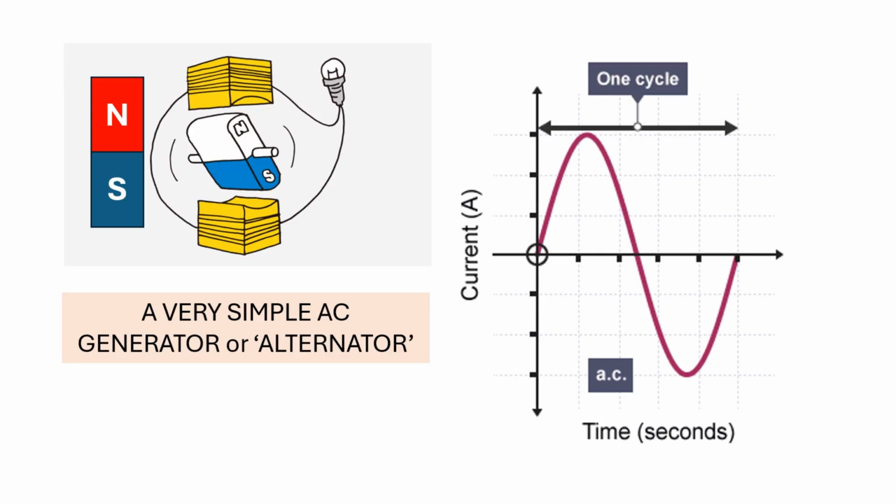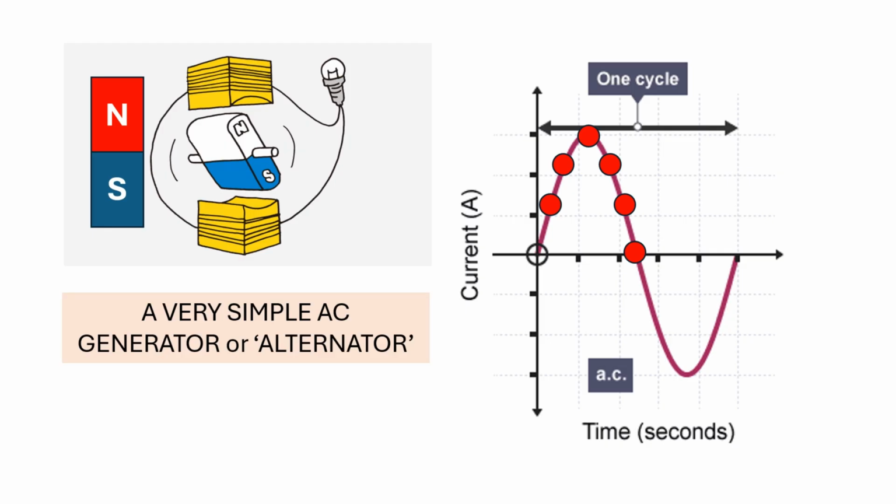We can draw a chart of the current flowing in the circuit attached to the coils, which shows the strength of the current and when it changes direction with the spin of the magnet. As the north pole of the magnet spins towards the top coil, the current flows in one direction, starting from zero and reaching a maximum as the magnet pole passes under the coil, and falling to zero again as it moves away.